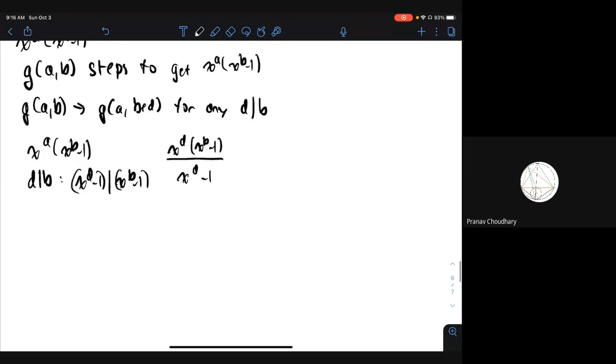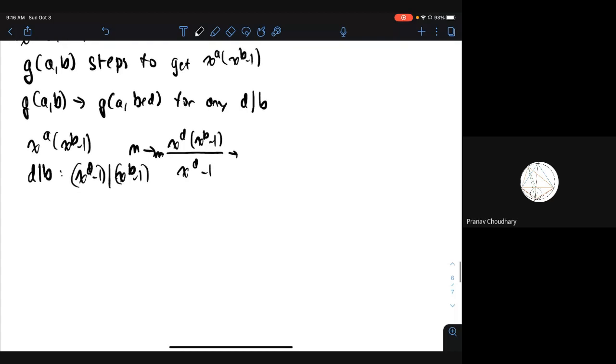If we start with some m, you go m to x to the d minus 1 times x to the b minus 1 over x to the d minus 1, where this is a divisor of our initial number. So you multiply by that, and then we have this x to the d minus 1 in the denominator of the second part. So we move it to the beginning.